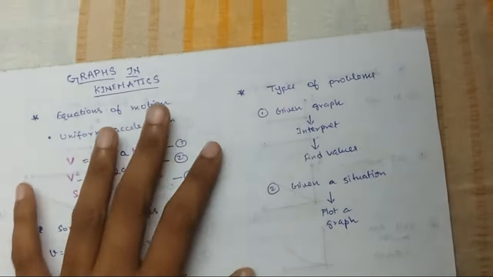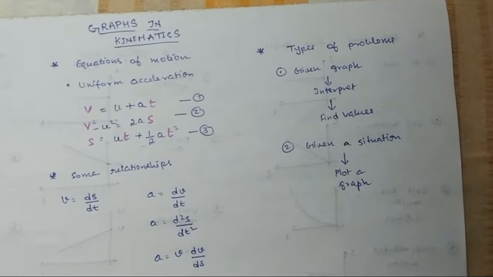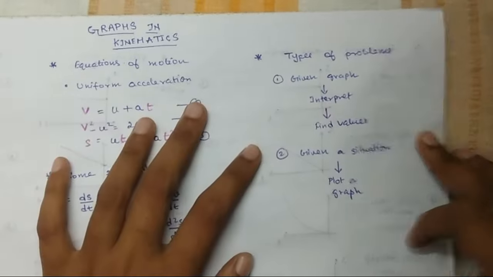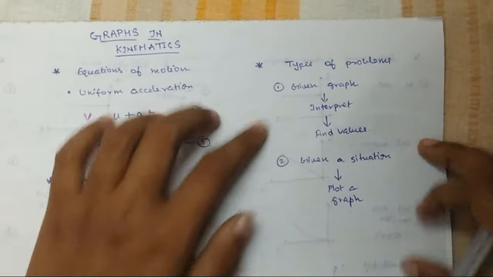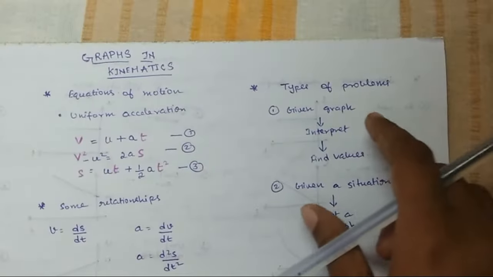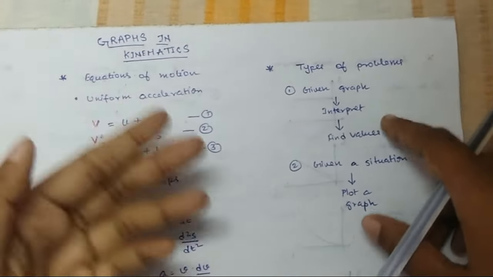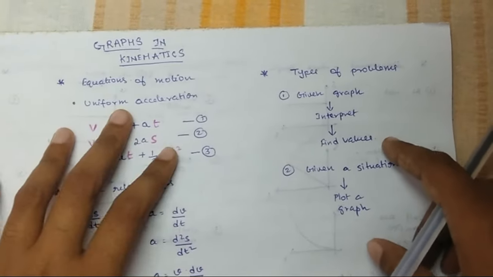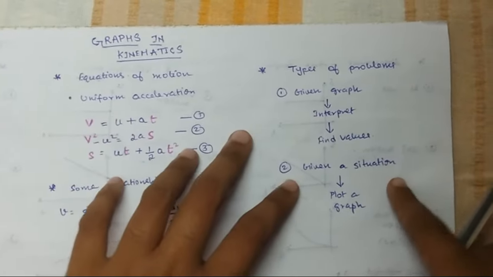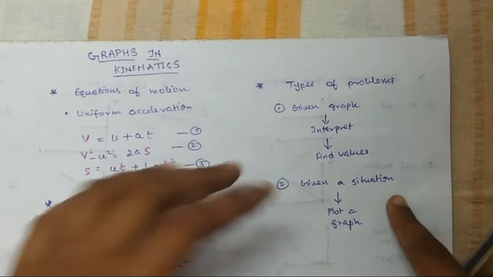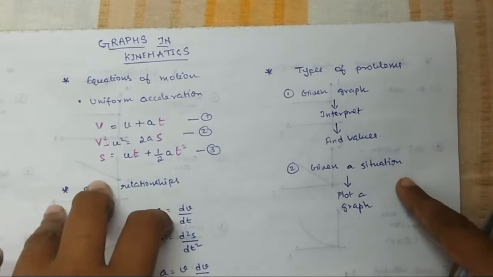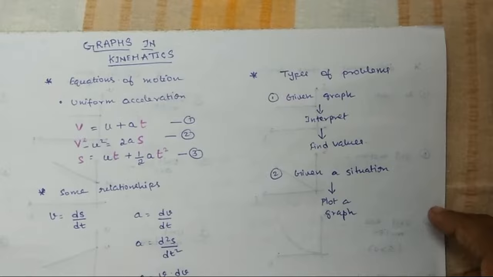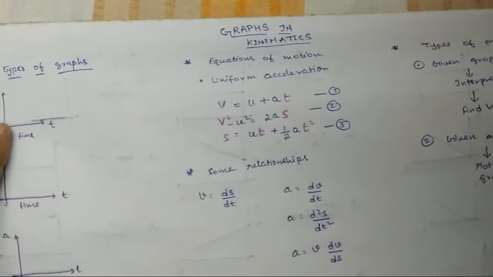Now, coming to the types of problems we'll encounter in JEE Main relating to graphs, we might be given a graph and asked to interpret and find values. Another type is, given a situation, you'll be asked to plot a graph and then interpret from that. So we'll be discussing all the types in this video.